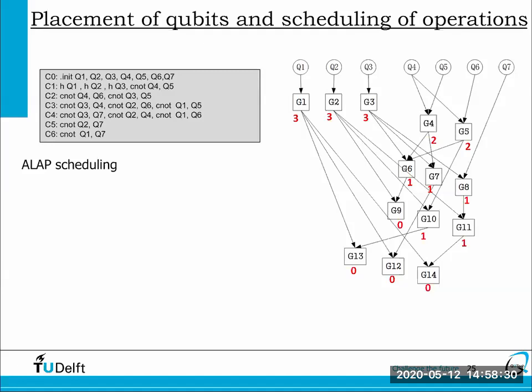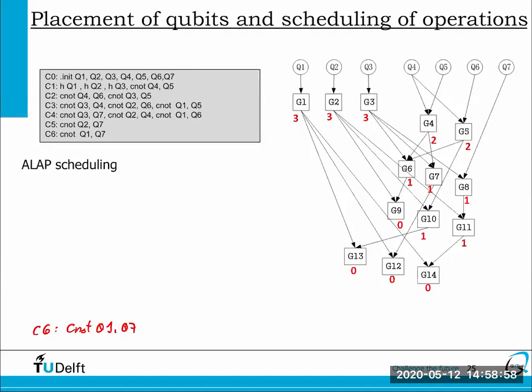Let's see. So the first thing, I start in reverse order. So I start with cycle 6 and I put C naught, Q1, Q7. And what I will try to do is to push all the instructions as much as possible to the bottom. So in other words, I'm just going in the reverse order. Now I go to C5.